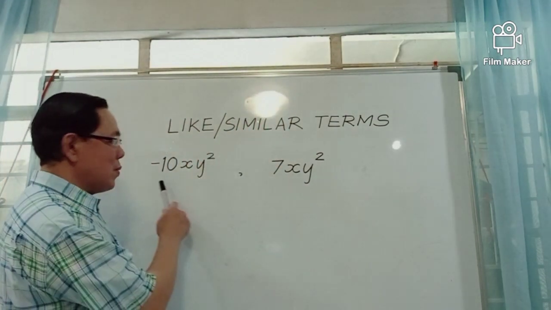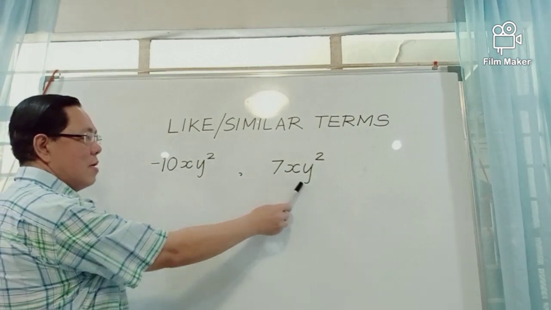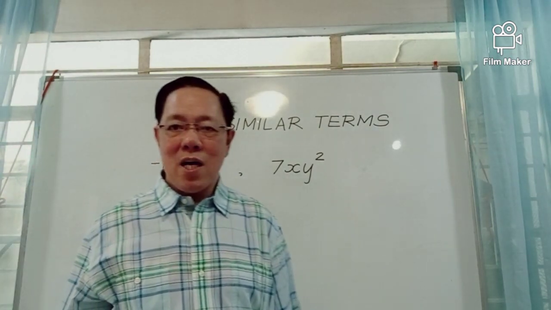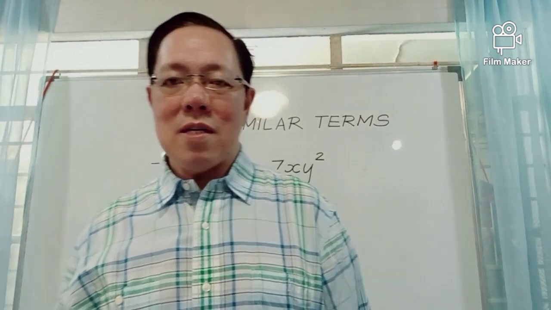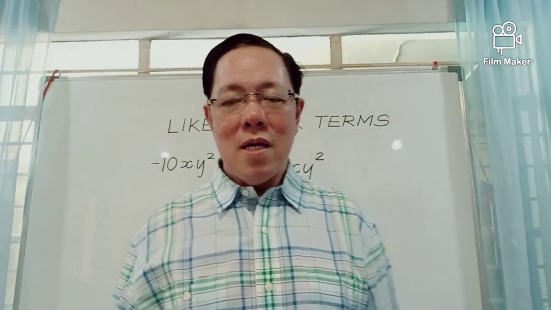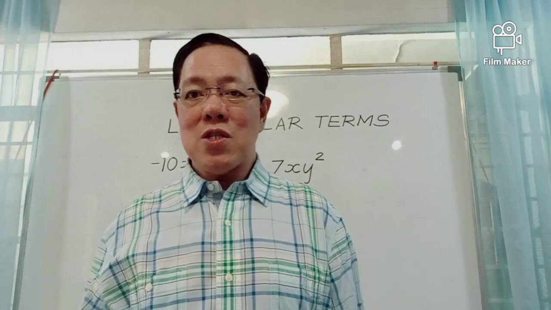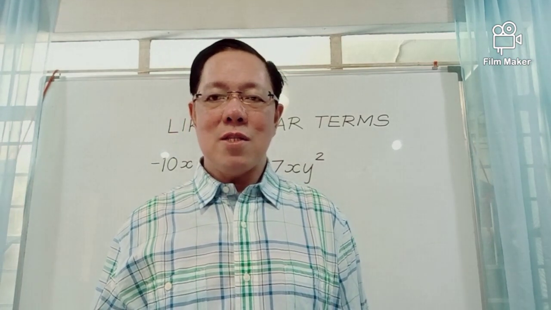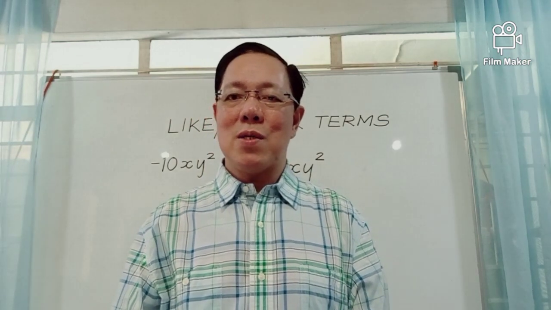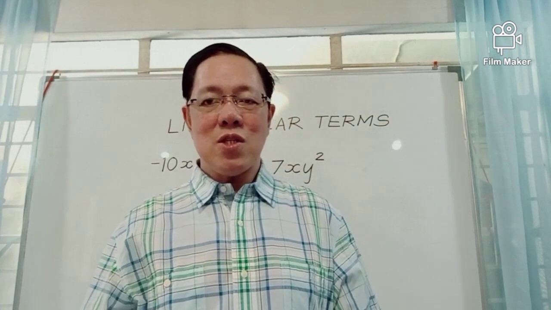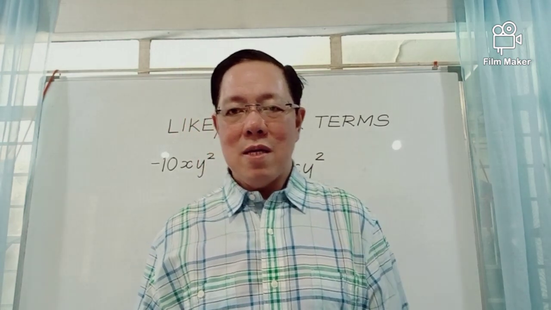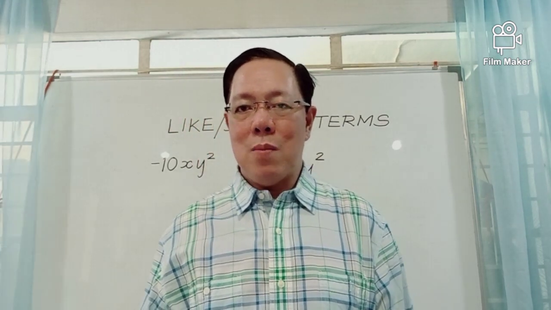And these two algebraic expressions are examples of monomials. The second type is called binomial, an algebraic expression with two terms. And trinomial is an algebraic expression with three terms. An algebraic expression with more than three terms or with many terms is called a polynomial.